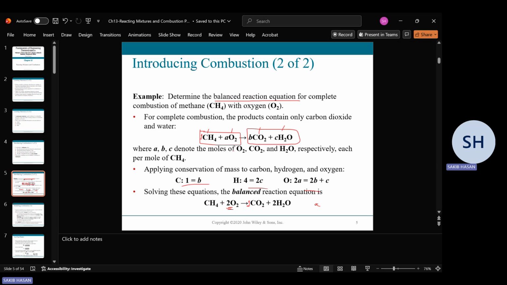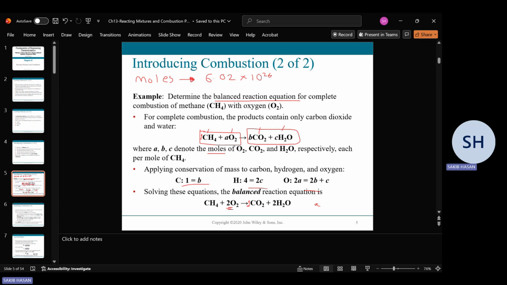Now, what is meant by moles here? Moles is essentially a unit. Well, technically, it isn't a unit. It's more so a quantity that represents, I believe, about 6.02 times 10 to the power of 26.